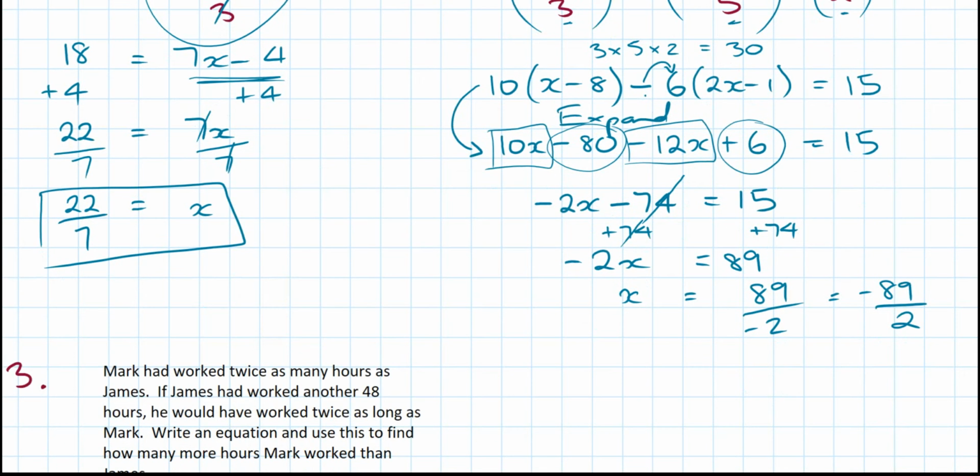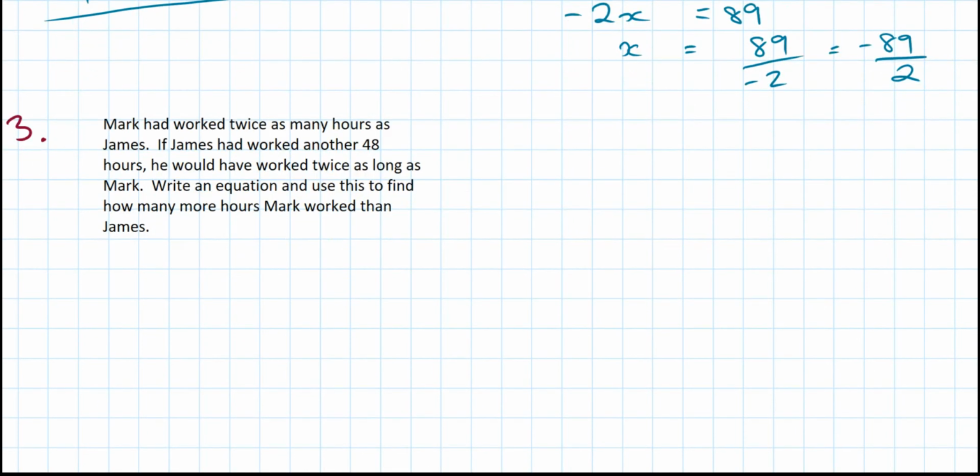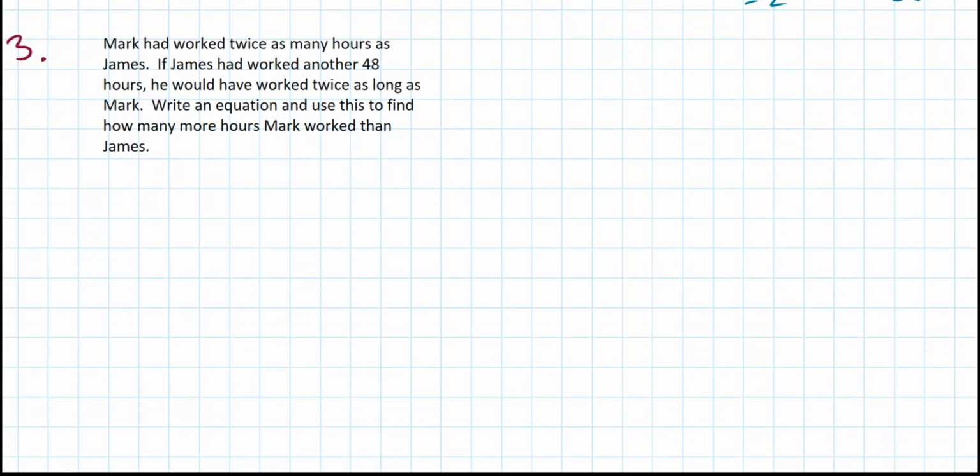Okay, the final problem is a word problem. So we've got Mark worked twice as many hours as James. If James had worked another 48 hours, he would have worked twice as long as Mark. Write an equation and use this to find how many more hours Mark worked than James.